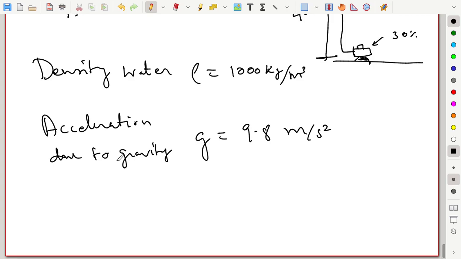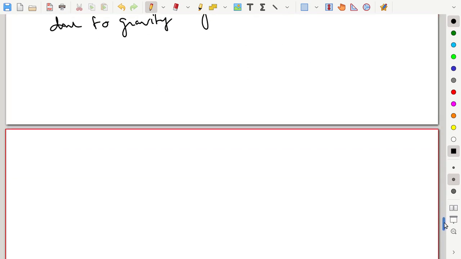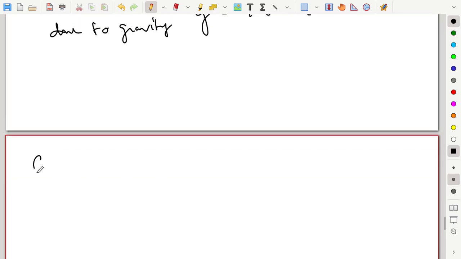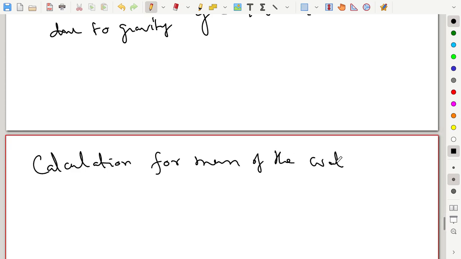First we need to calculate the mass. As usual, we did it already in the previous exercise, so we can do it again. Calculation for the mass of the water in a volume of 30 meter cube.